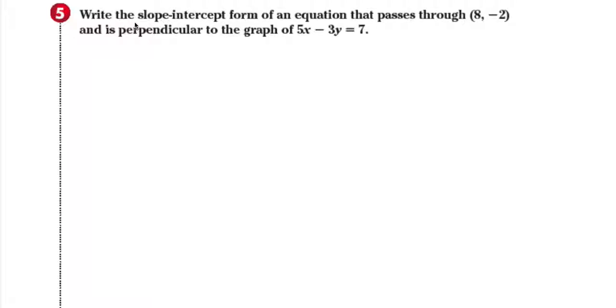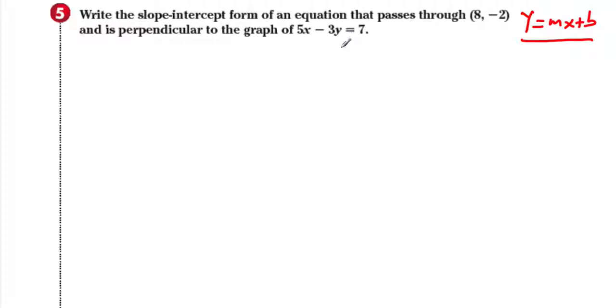They want you to find the slope-intercept form of an equation of a line. The slope-intercept form is y equals mx plus b. And that line should pass through the point (8, -2), and is perpendicular to the graph of 5x minus 3y equals 7.